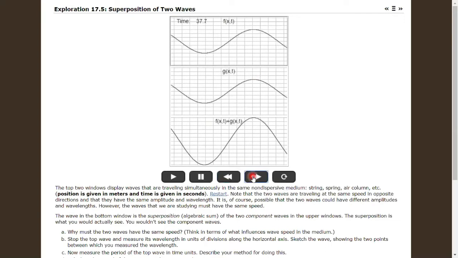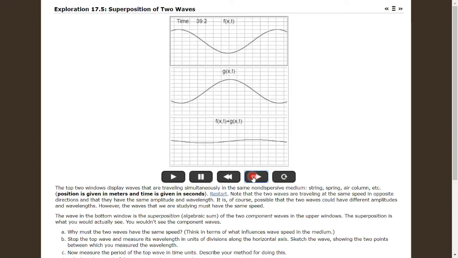Now after some time, these are the points at which these two waves are almost out of phase. We will say that this is the trough of first wave, this is the crest of second wave, and the trough and crest of two waves are superimposing with each other.